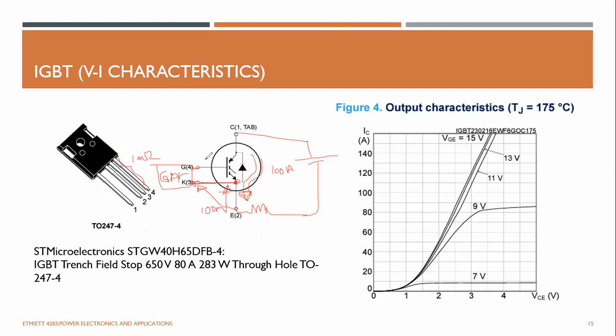So let's say the threshold voltage is 3 volts. You have to provide a voltage signal of 3.1 volts, because you have to overcome this 100 millivolt drop in this pin, right? But if you use the pin directly across here, this voltage drop is gone. You can just use a 3 volt driving signal.